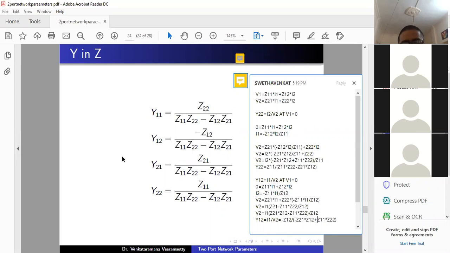My suggestion is, after completing tomorrow's session, I don't want to go through the interrelation between the different types of two-port network parameters, because the procedure is the same. If you understand these last 3 days' concepts, then you can easily derive ABCD parameters in terms of the Z parameters, Y parameters, H parameters.